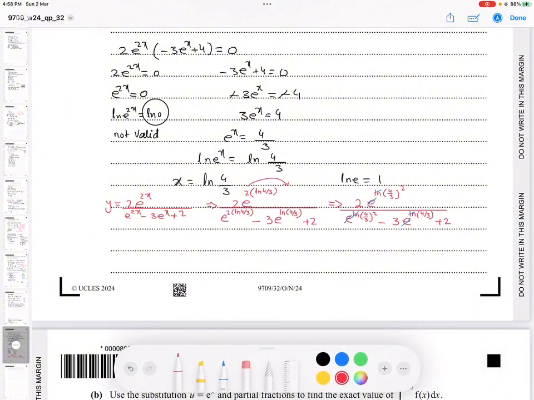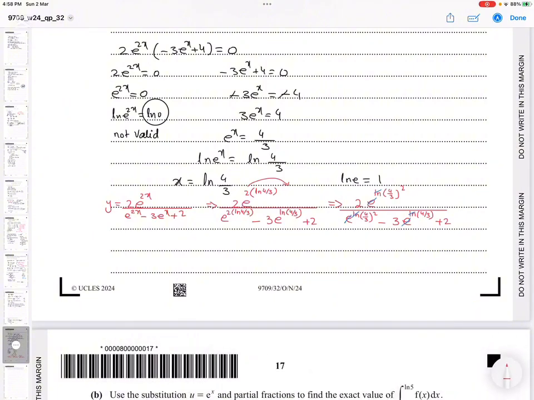Now let's write the left ones. y equals 2 times 16/9, since 4/3 whole squared is 16/9, over 16/9 minus 4 plus 2.